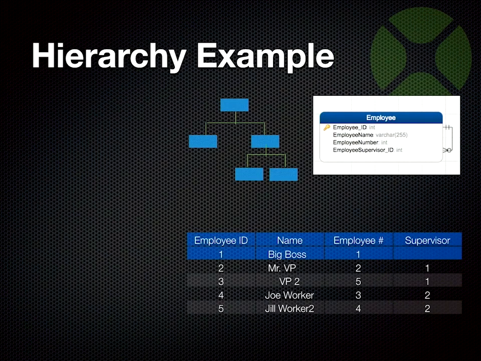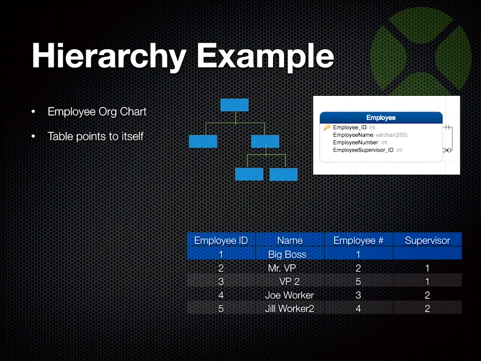Okay, another common example is a hierarchy, and this is used in org charts, that sort of thing. In this case, the employee has an employee number, which is like the number on their badge. And we want to be sure that we're keeping the employee ID separate from that number. We'll talk more about using meaningful keys in a few slides.